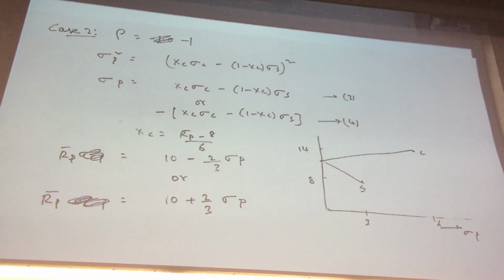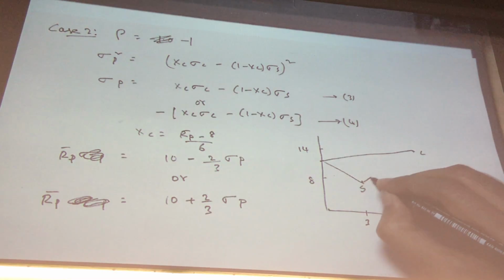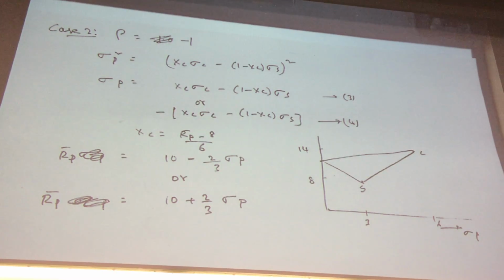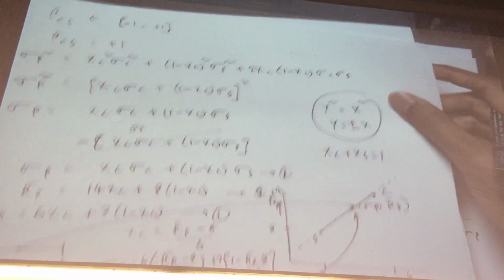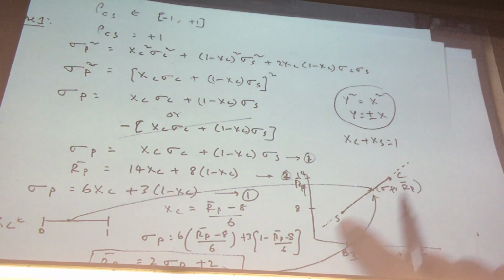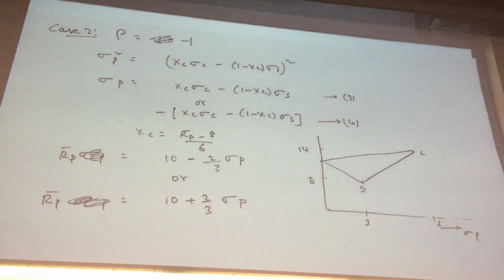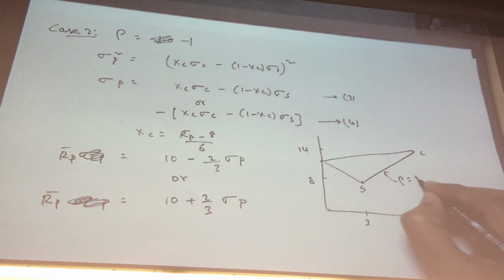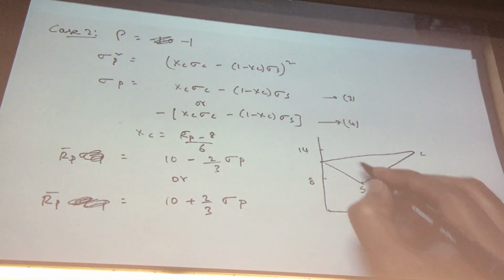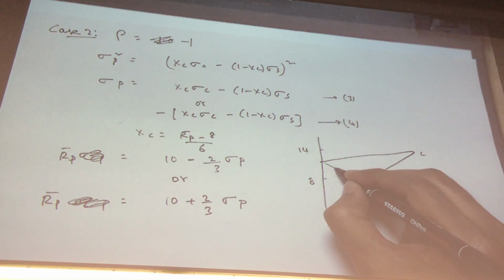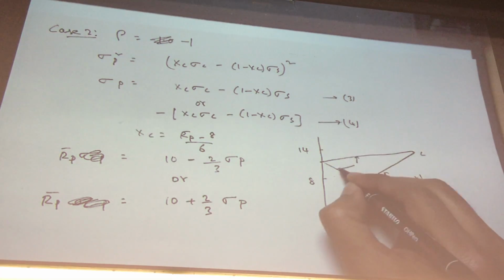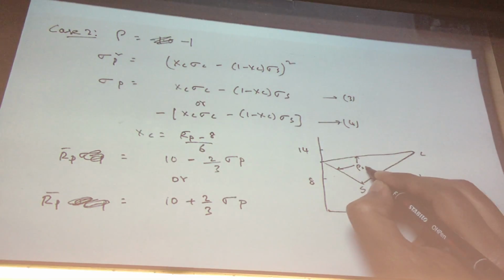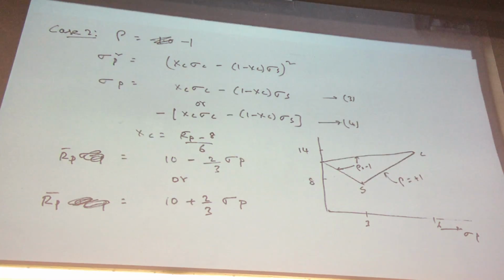And if you combine the previous graph, if you remember the previous graph on your notes, that's basically connecting C and S. You get the straight line when rho equals plus 1, and you get these two when rho equals minus 1. So basically it would form the feasibility set.